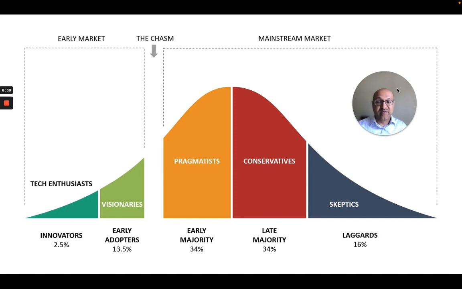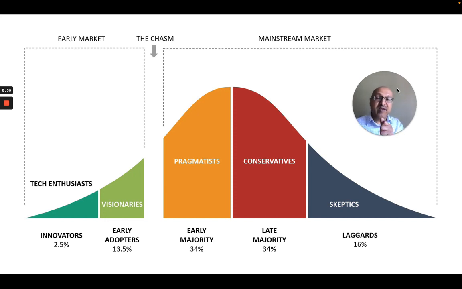You want to start with the innovators. They're the ones who will take risks early on, even if you don't have a perfect product or solution. They are really enthusiasts, and they want to get going before anybody else.